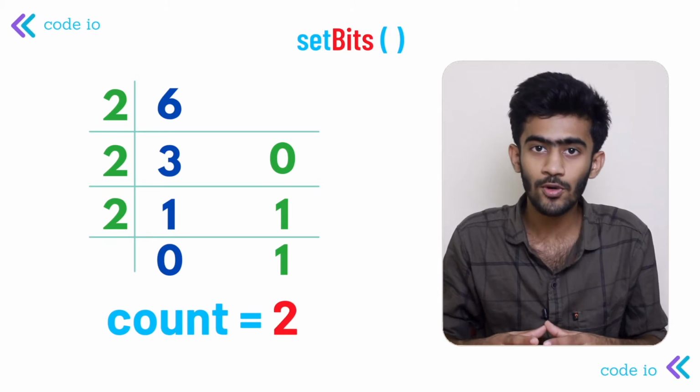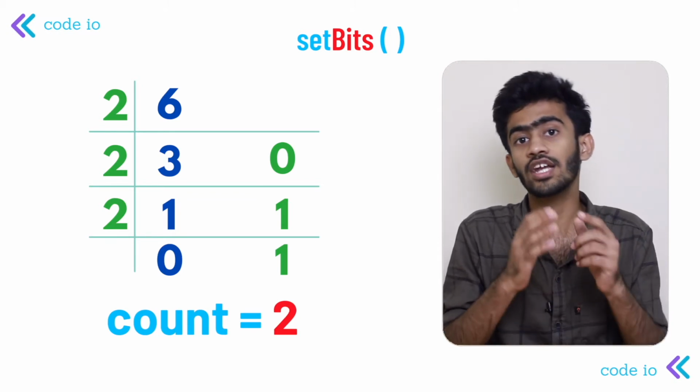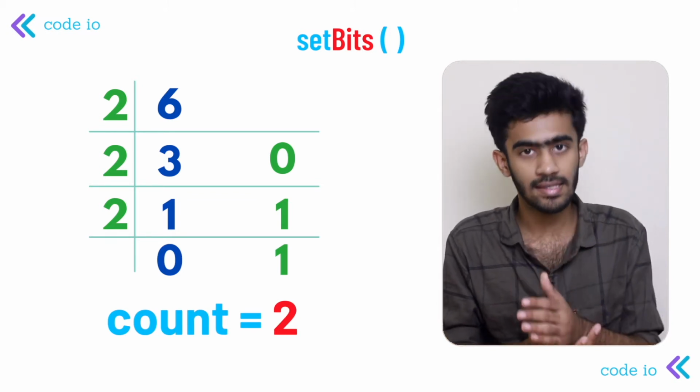Once we get into the loop which divides this number by 2 repeatedly till we get 0, we'll have an if statement which checks whether the remainder is 1 or not. If it was 1, we'll increment the value of count. If it is not, we'll not increment the value of count. So this is the logic that we're going to use to solve this problem.